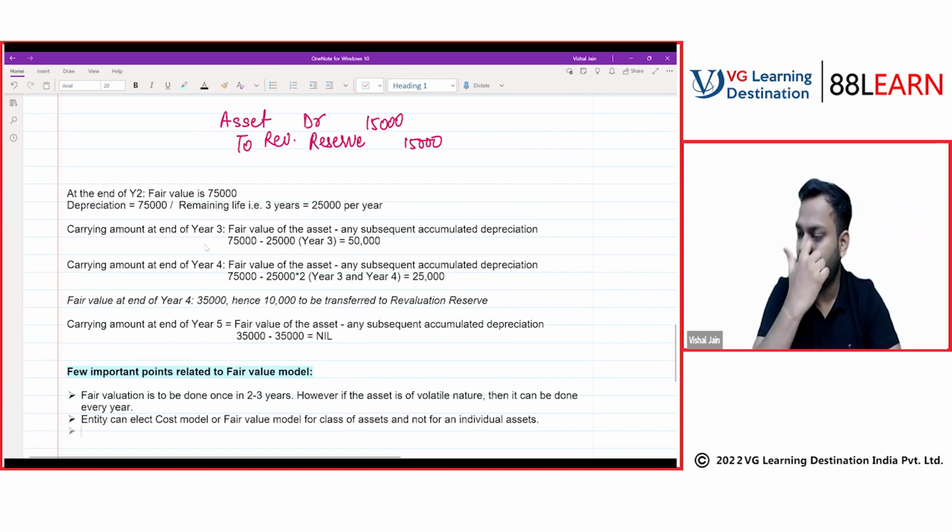Vasu, can you please confirm the query that you have sent? I think your query is wrong because the query which you have sent is already discussed. Your query should be what if the fair value is less than the carrying amount?